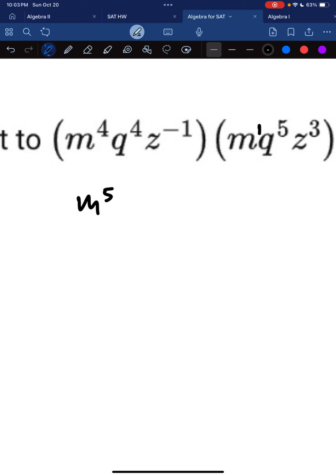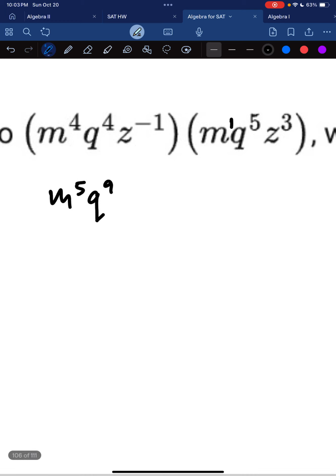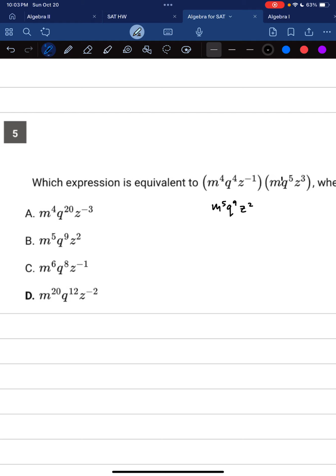If you add their exponents, this is like m to the 1st, right? And then q to the 4th times q to the 5th, if you add their exponents, becomes q to the 9th. And z to the negative 1 times z to the 3rd is going to be z to the 2nd. So then that's going to be B.